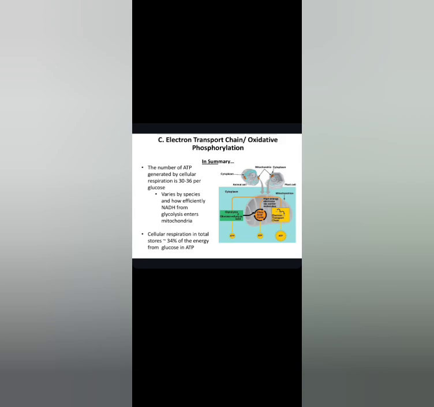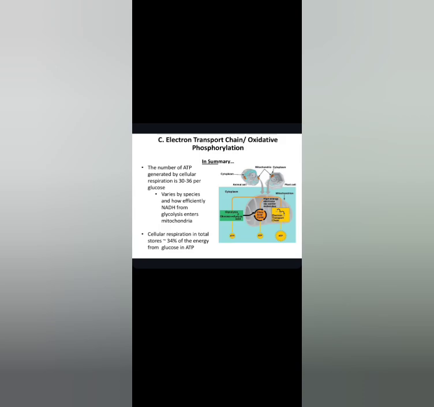So, again, total glycolysis, citric acid cycle, and electron transport chain, you make 30 to 36 ATPs per one glucose. 30 to 34 of those ATPs come from the electron transport chain, the vast majority of those ATPs. This is a very inefficient process. Only around 34 percent of the energy of glucose is converted into ATP.